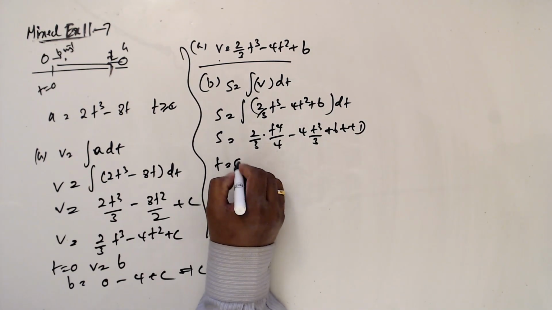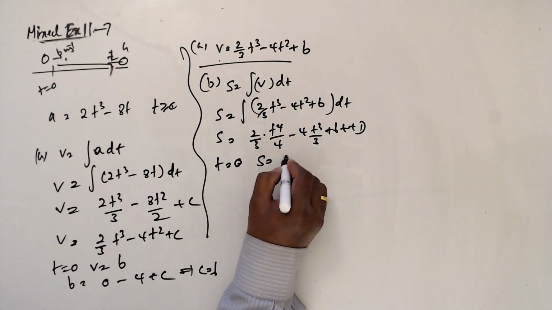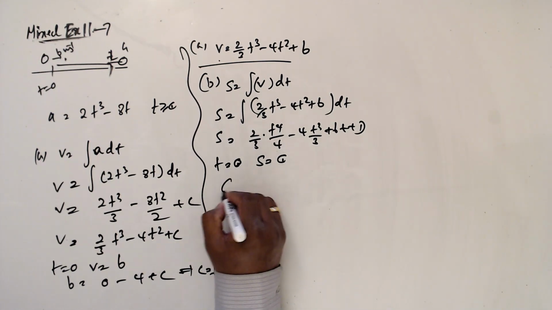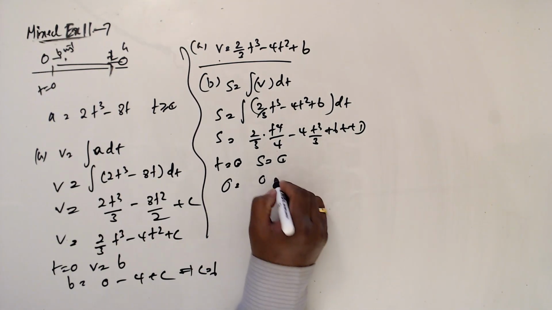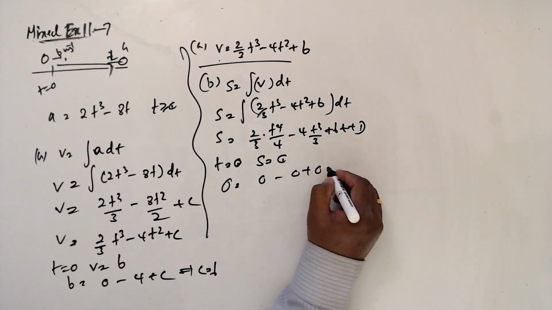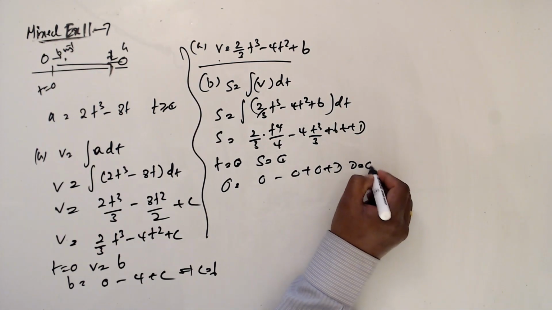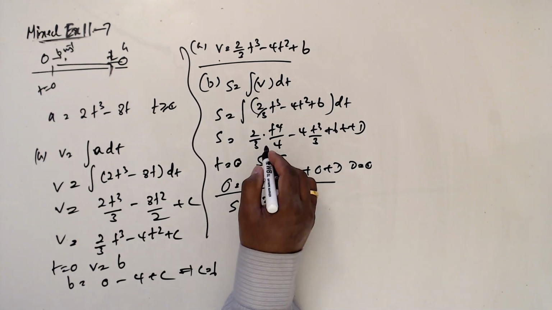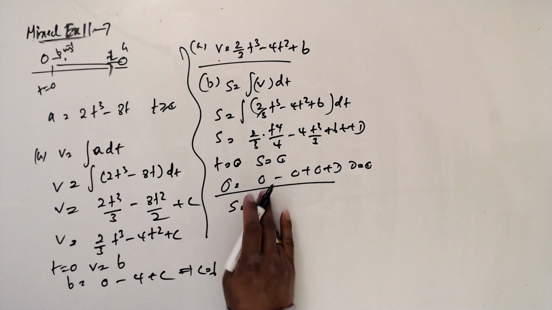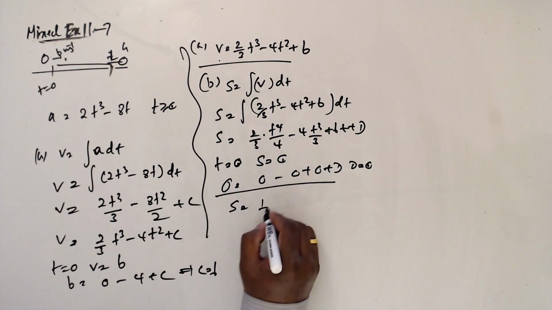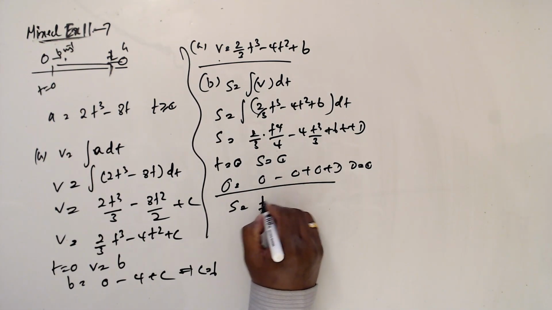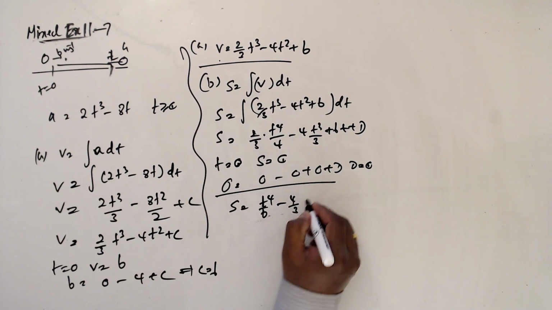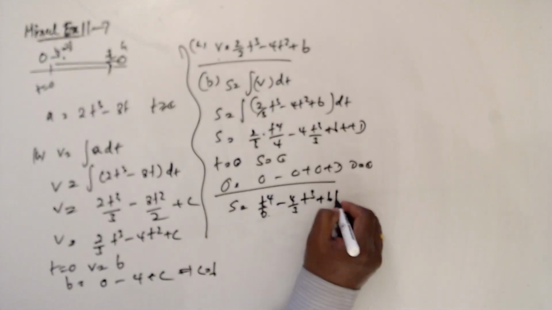We know that at t equals 0 the particle is at origin, it means s equals 0. So this is going to be 0 minus 0 plus 0 plus d. So d equals 0. Then s equals 2 over 12, which means 1 over 6 t4 minus 4 over 3 t cube plus 6t.